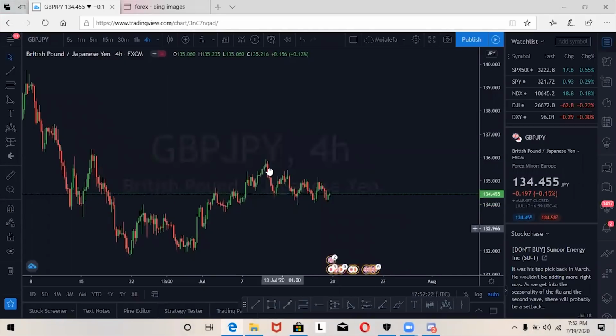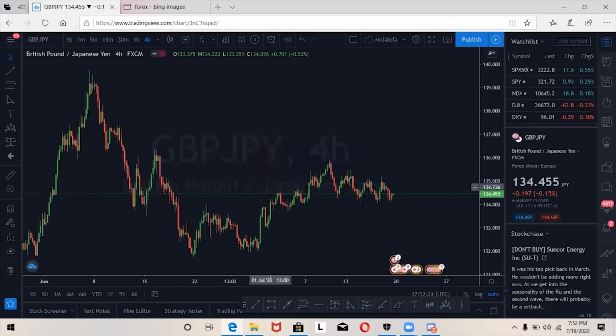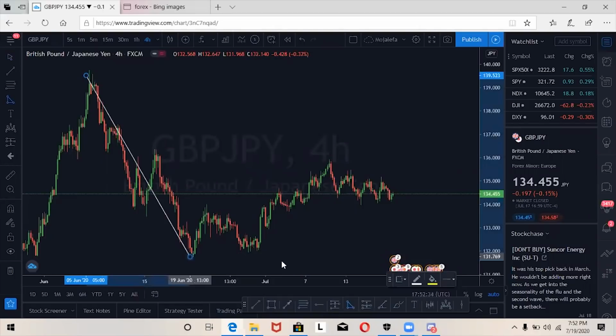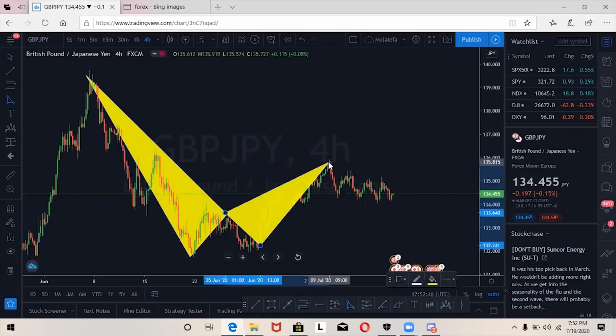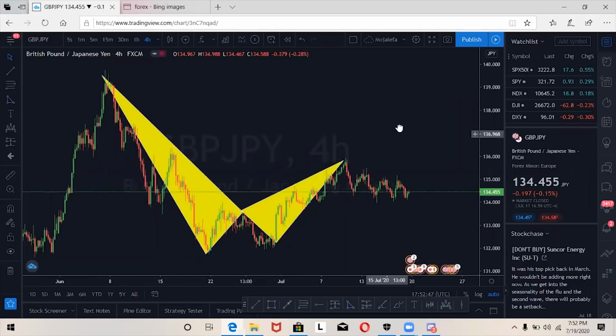First of all, by just looking at this trend, what do you see, guys? We see a bullish butterfly. It's going to look something like this. You see what I mean?